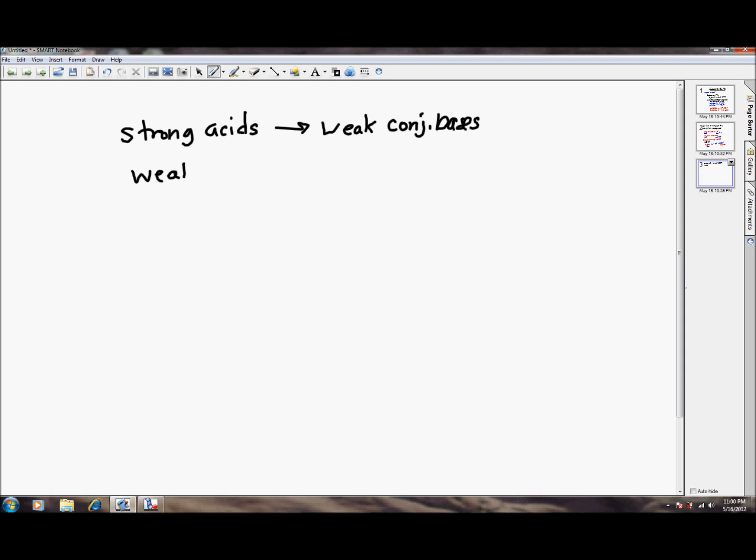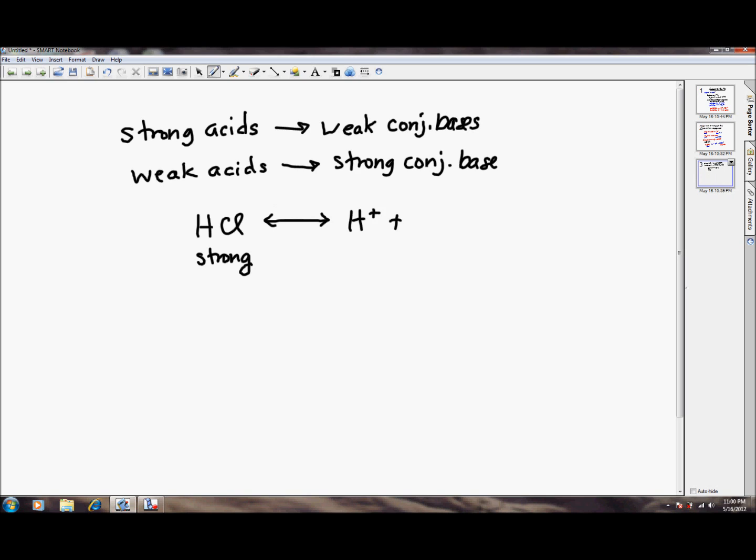Weak acids have strong conjugate bases. So HCl is a strong acid. Remember, its conjugate base is a chloride ion. So that means chloride ion is a weak base.